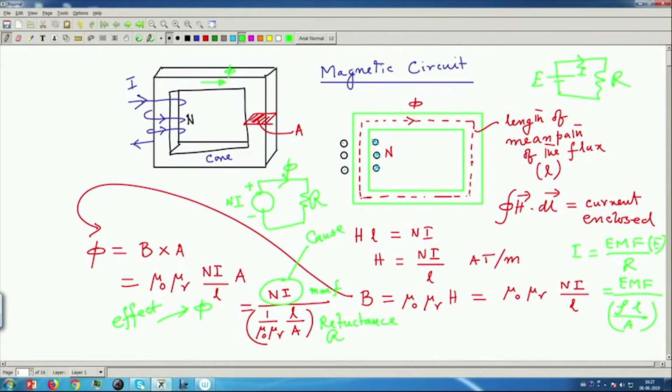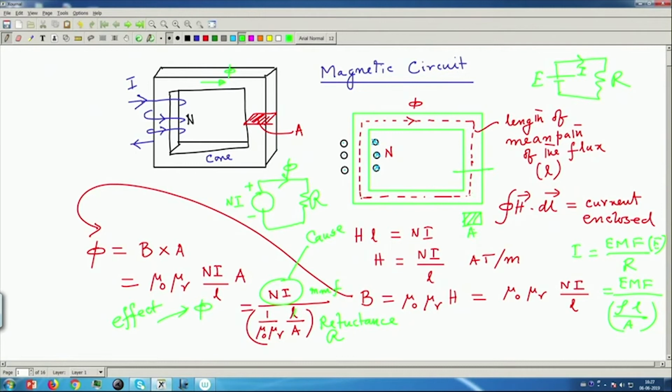So, if MMF is known, I will first calculate the reluctance. Reluctance of the magnetic circuit path depends upon its geometry: what is the length, what is the cross sectional area. This is the cross sectional area.